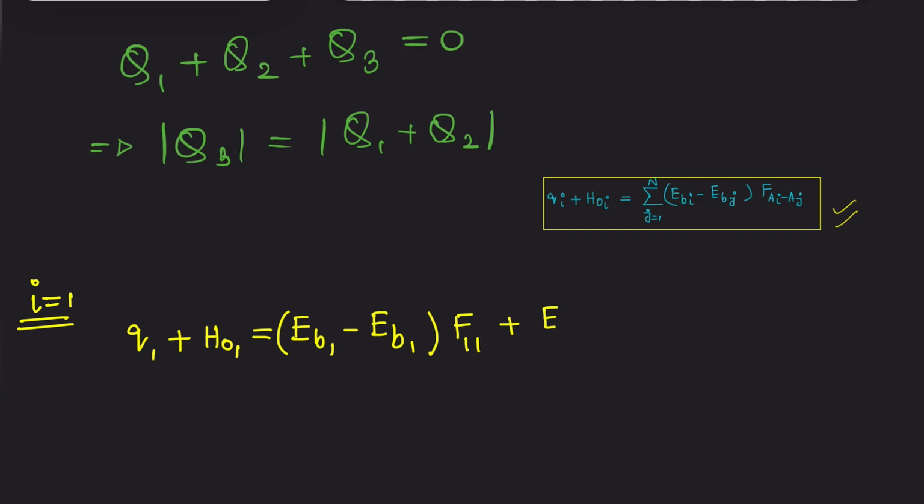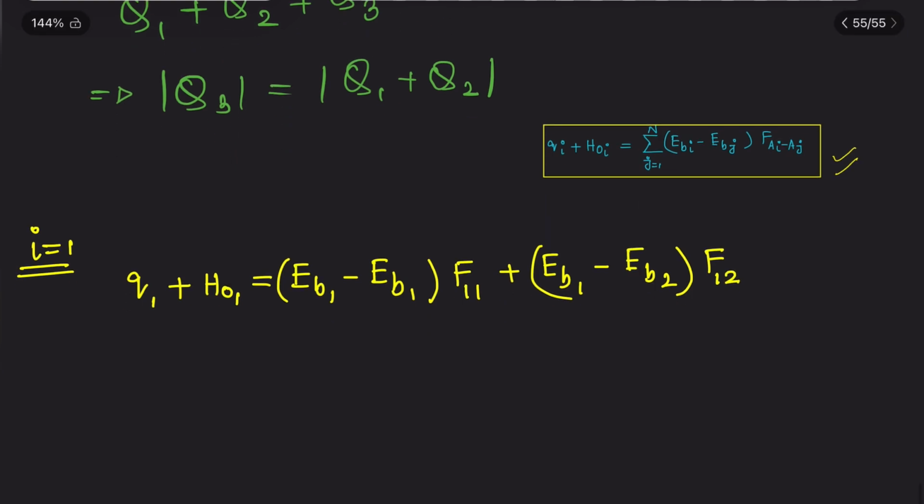So it will be EB1 minus EB2, again F12, plus EB1 minus EB3 into F13.